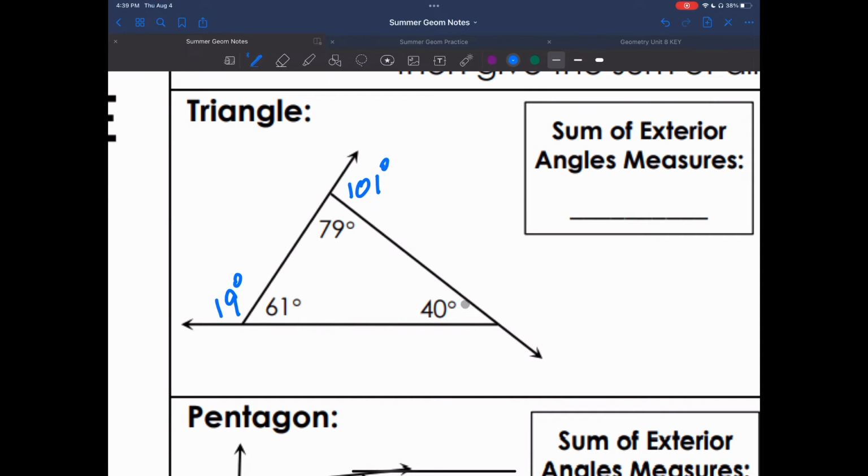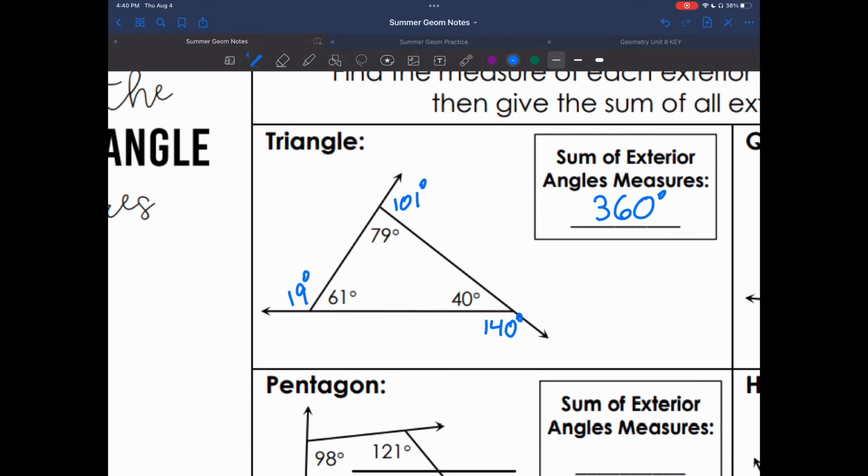And over here, you do 180 minus 40 to get this one, so that'd be what, 140? And now, add them all together. So this is a lot of calculator work. This plus this plus this. Take a second to do that. Add them together. You should get a grand total of 360 degrees. Okay, so that's the sum of the exterior angles for a triangle.